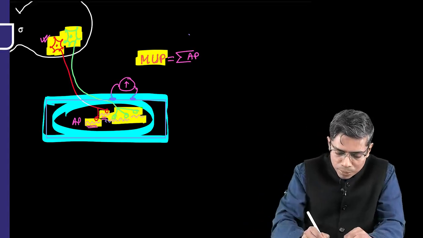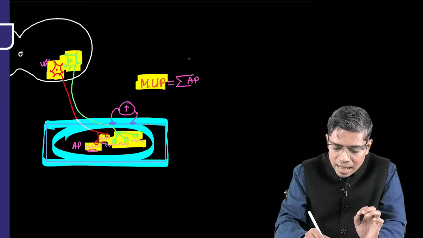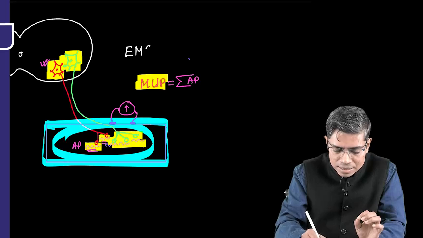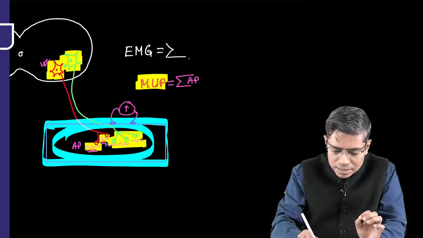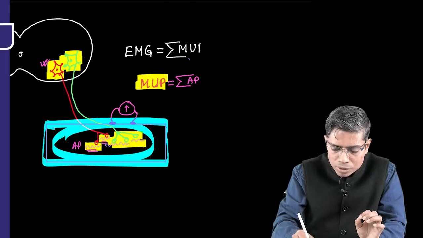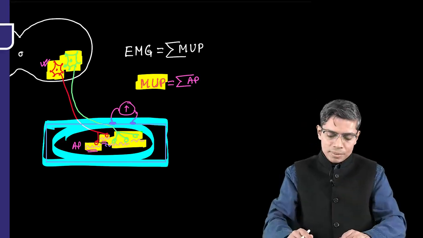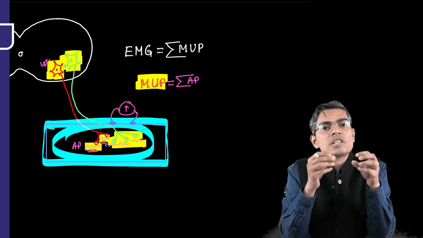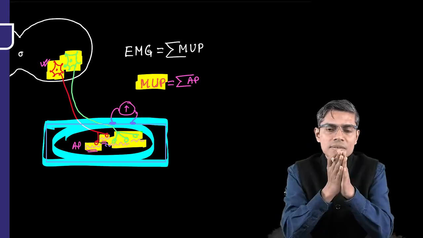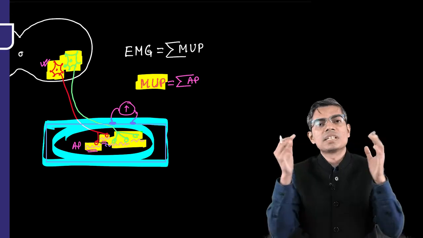So if you place this electrode on the surface of the muscle, you are going to record the activity of the muscle, that is known as EMG, electromyography. And electromyography is nothing but the summated version of all the motor unit potentials that are generated inside the skeletal muscle. Whenever your skeletal muscle is contracting, there is activation of multiple motor units, and all the motor units are producing motor unit potentials. The summated version of all these motor unit potentials is nothing but your electromyography, or electrical activity of the muscle.